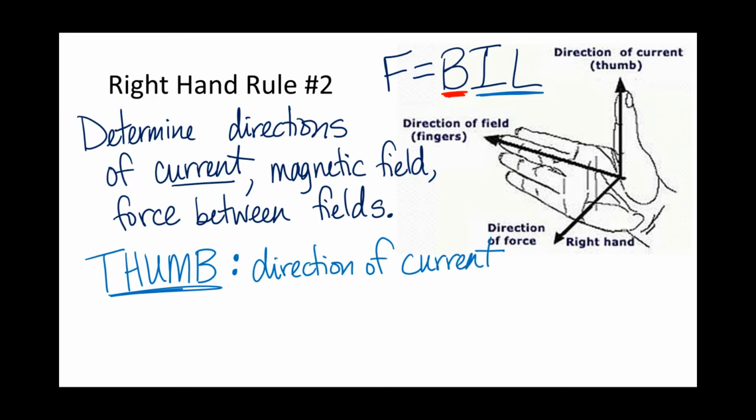The second magnetic field is going to be from B. Remember, this is not the magnetic field created by the current. This is a second magnetic field. That's why I'm doing this in the same color scheme as what I did with the equation with F equals BIL up here. Okay, the second magnetic field is your fingers.